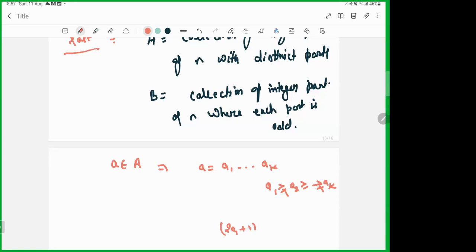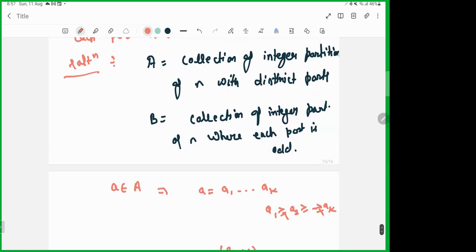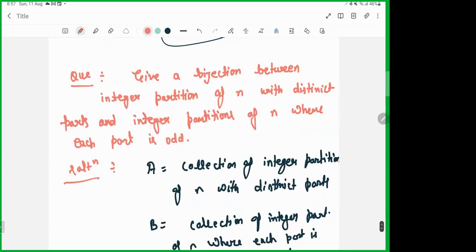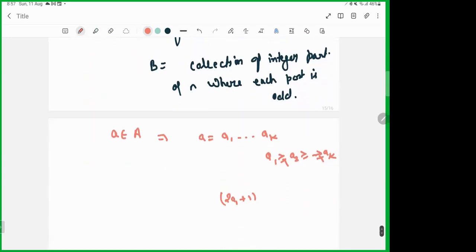Go on like that for the rest. But that will not be a partition of n; that will be a partition of some bigger number. Yes, 2a plus 1 will be a bigger number.